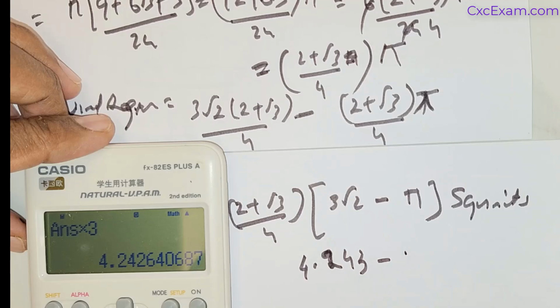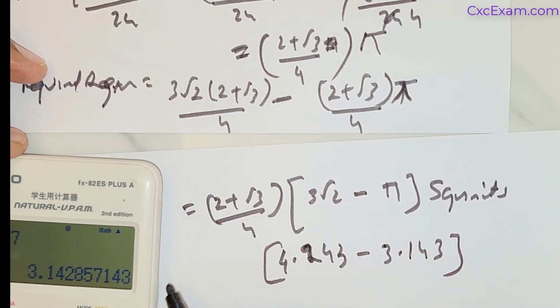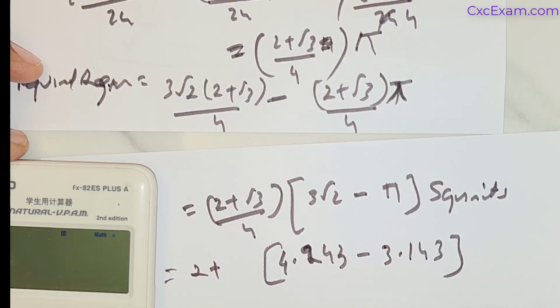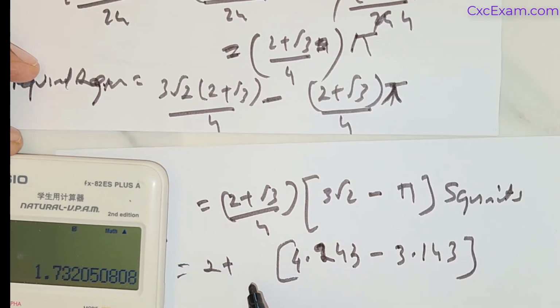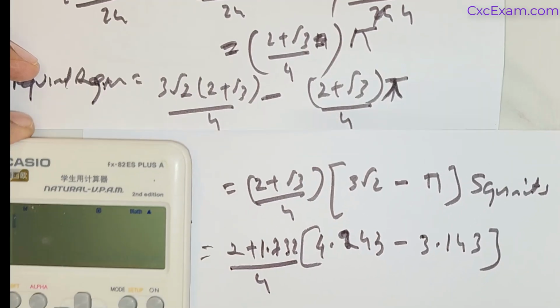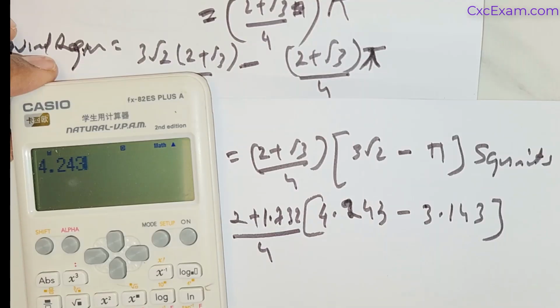I take pi as 22 over 7, what is that? Minus 3.143. Okay, and this is 2 plus root 3, 1.732, divided by 4. So 4.243 minus 3.143.